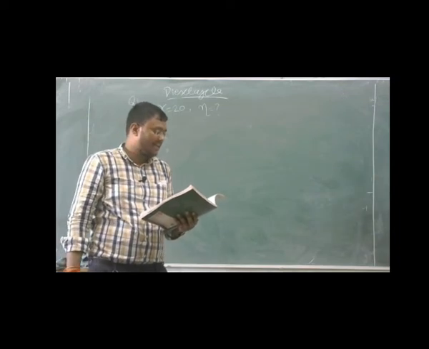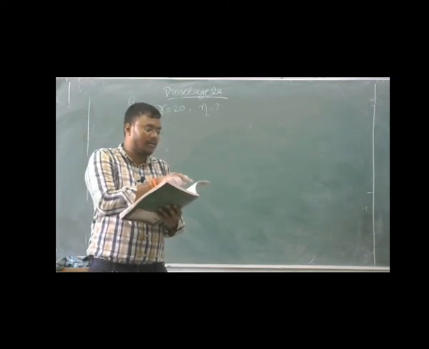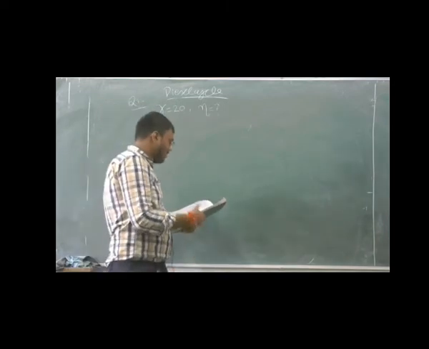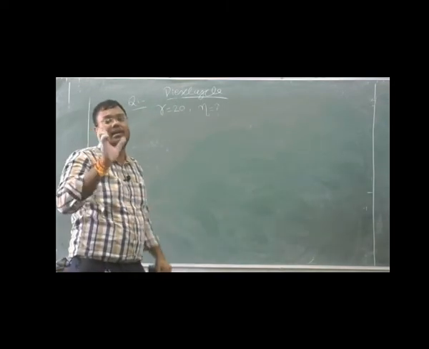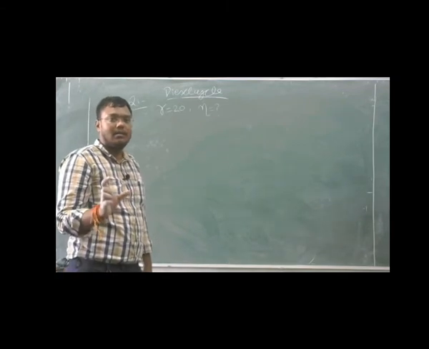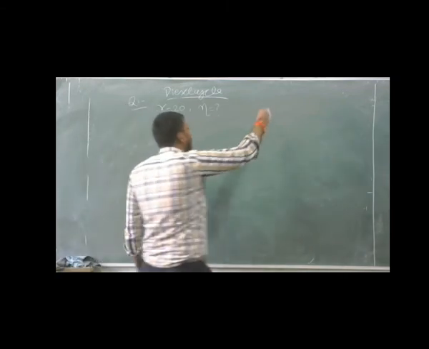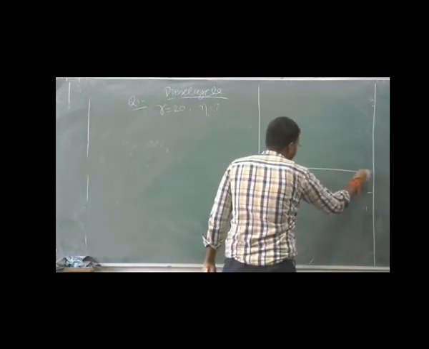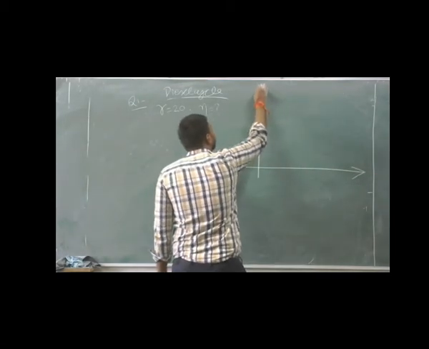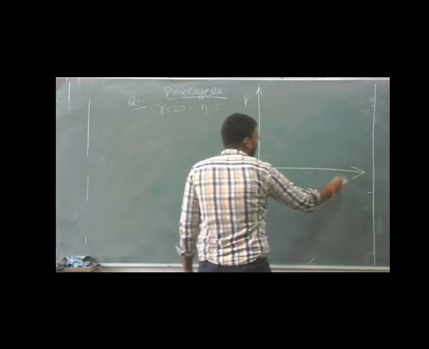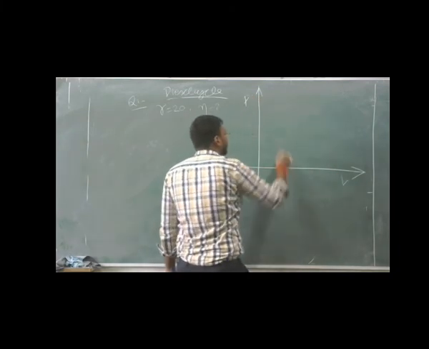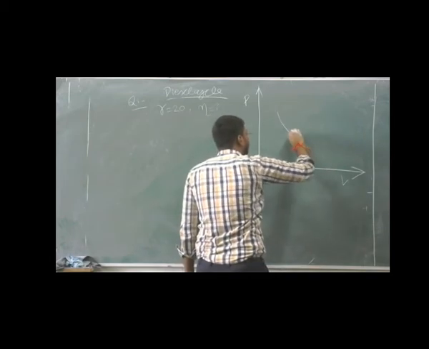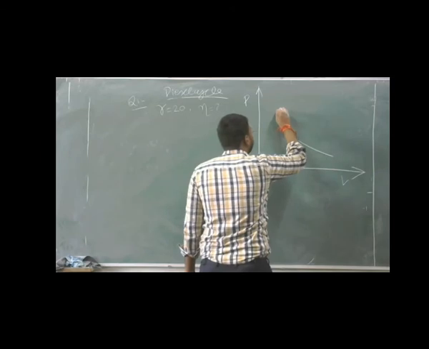If you find any difficulty in understanding, just draw the PV diagram and you will understand the whole thing. So I am drawing the PV diagram here. The PV diagram of the Diesel cycle is like this.